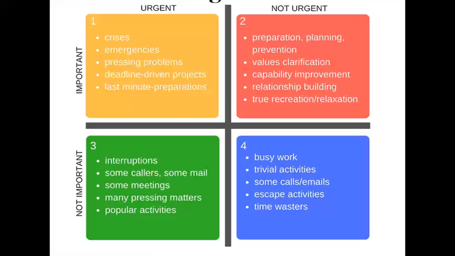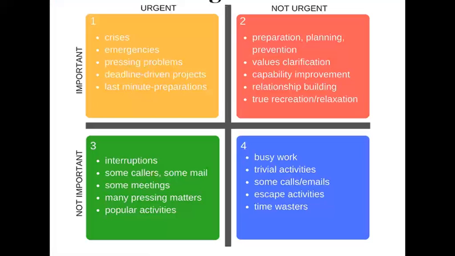Okay. Now the fourth quadrant, the blue box, what is it saying? Here, lastly, are the matters that are not important and not even urgent. So obviously these are what we call time wasters, right? Thus, these are mostly matters you should not spend so much time on.